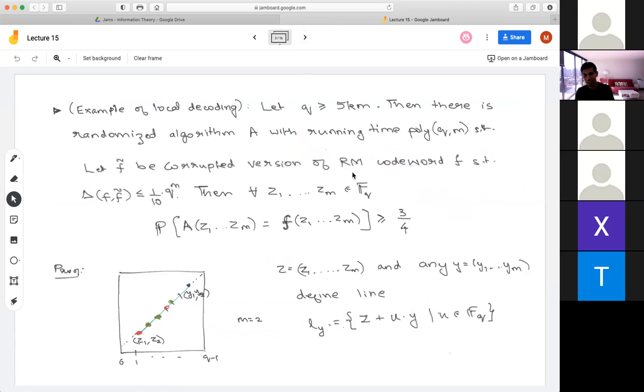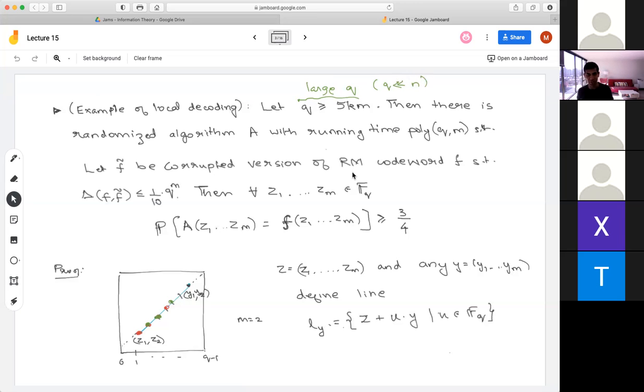Okay, so I'll not necessarily give the most general theorem of this type. There are lots of different parameter settings that are useful in different applications. Instead, let me just give an example of a local decoding result with some parameters which illustrates the technique, at least in the case of large Q. I'm going to think of Q as large, but still much, much smaller than N. So we are not in the Reed-Solomon setting.